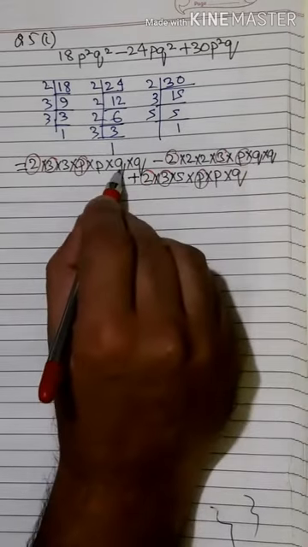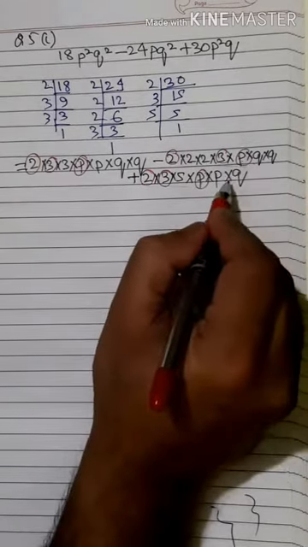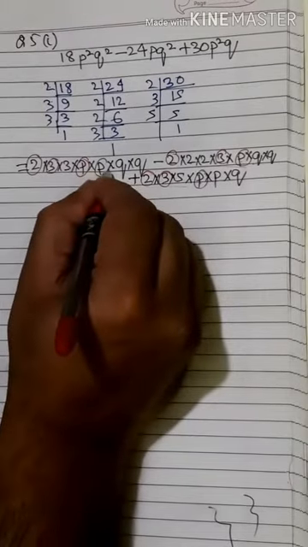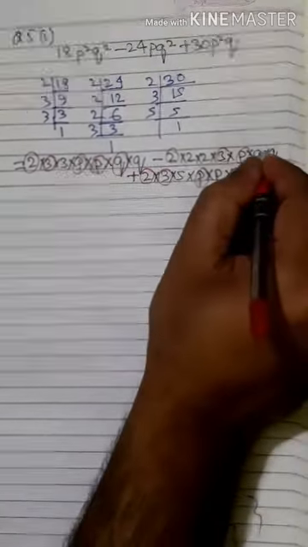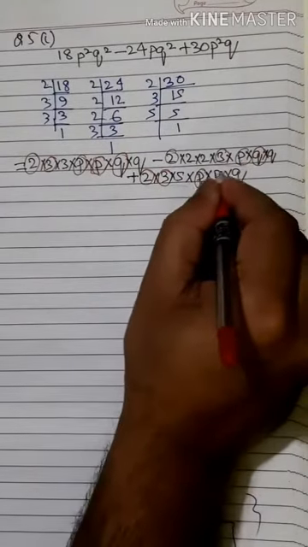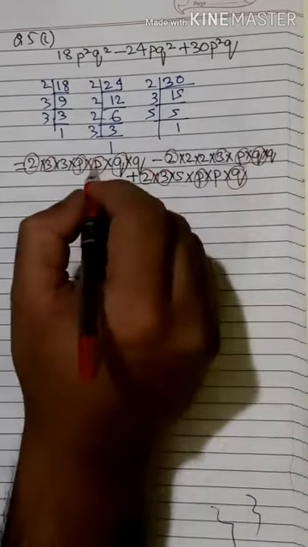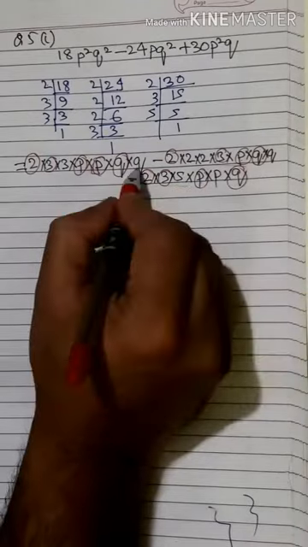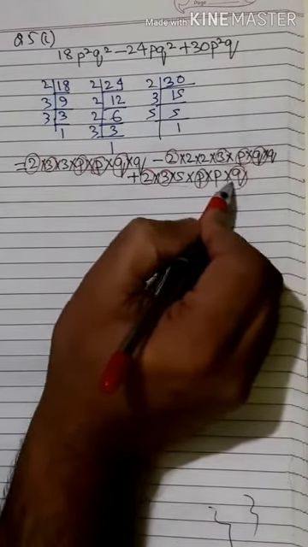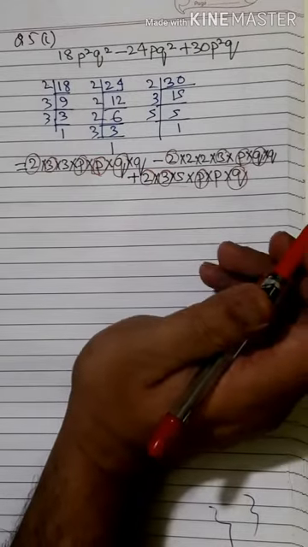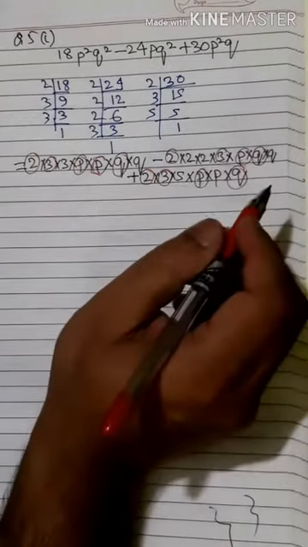Now we have a q here, we have a q here, we have a q here, so we have taken the q as common. We have one more q here, but we don't have any more q's, so we can't take that as common. That means we are done with taking the common.